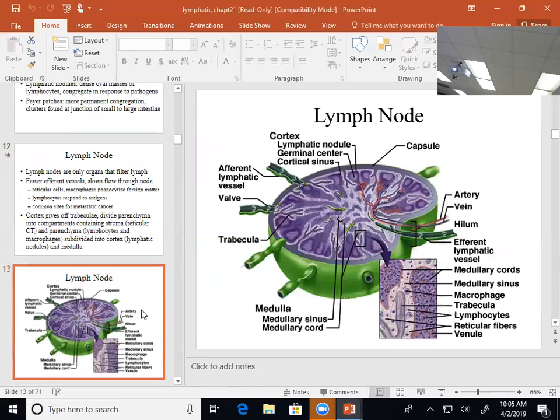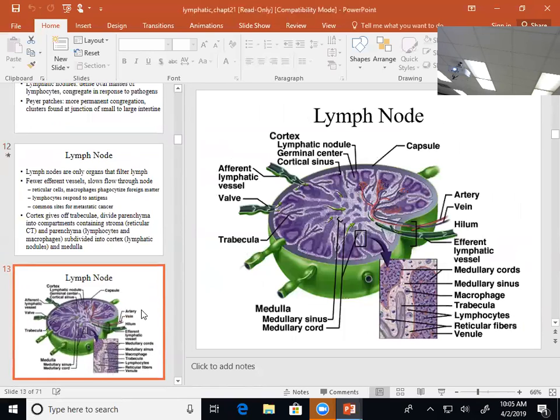I like this little illustration of this lymph node because it kind of makes engineering sense. So you've got these very small little vessels bringing lymph here, and it kind of backs up in the node as it's designed to do because there's only one exit. Do you see this?